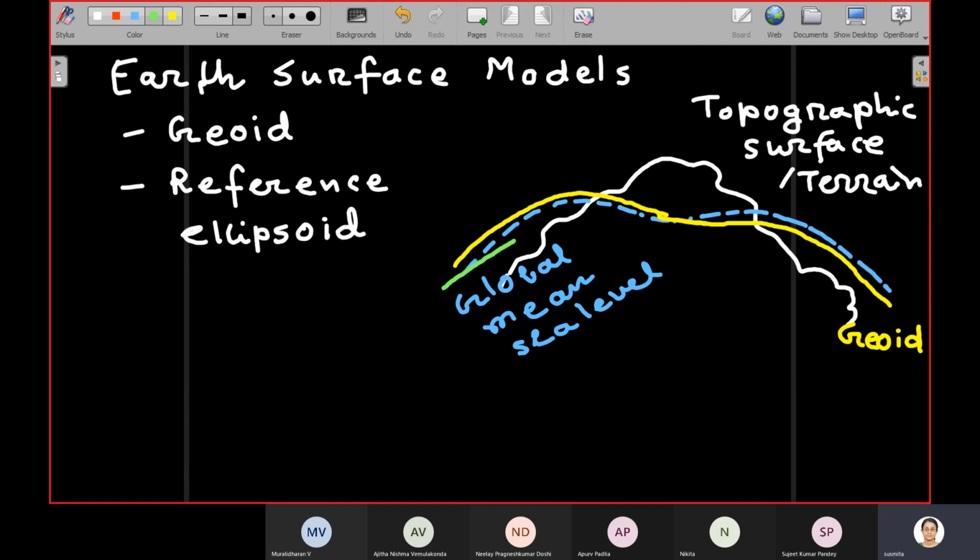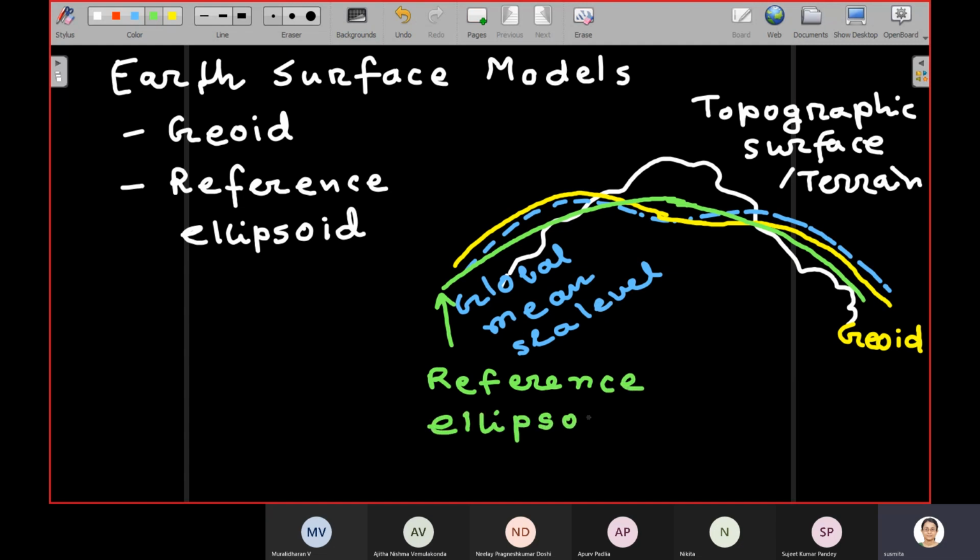And let's say this is the ellipsoid. Okay. So this is a pictorial representation of these different models.